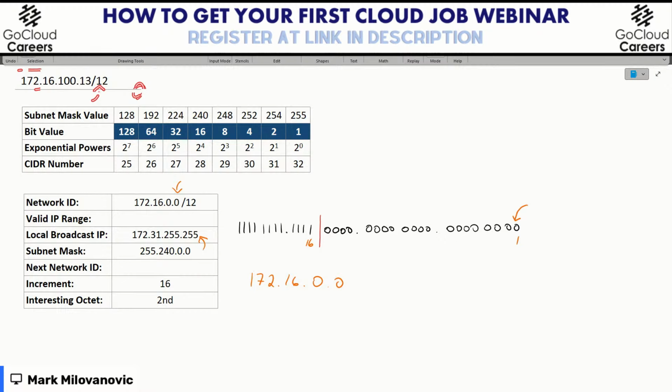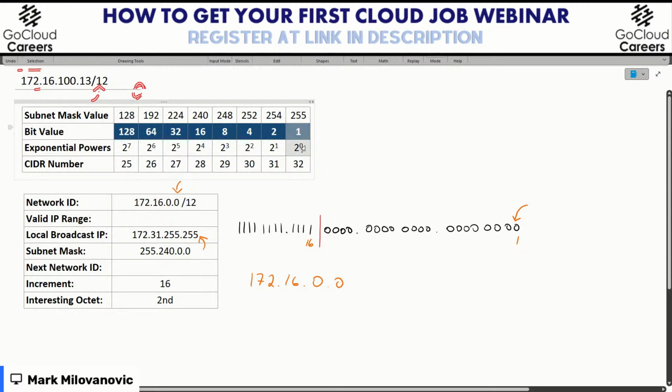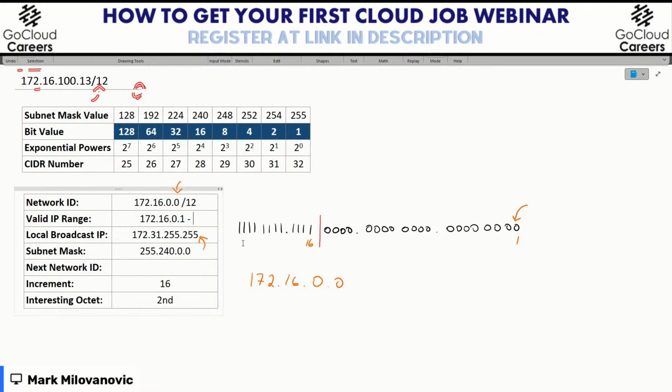So if I turn on this bit, the 2 to the 0 power, which is 1, my first valid IP address would be 172.16, and this is the fourth octet I'm dealing with. The third would be 0, and this would be a 1. And that will be our first valid or usable IP address that can be assigned to a server, a firewall, a printer, whatever devices you have.